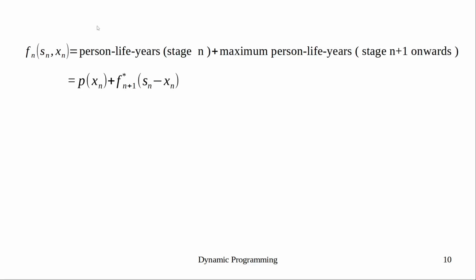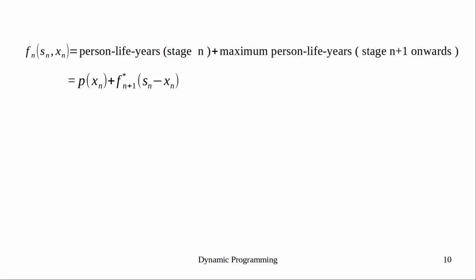The objective function here is Fn(Sn, Xn). So Fn is the objective function here. The inputs to this objective function are Sn and Xn, where Sn is nothing but the state. That is, it can be S1, S2, S3, S4, S5 or S0. And Xn is nothing but the teams that you have allocated to a particular country.